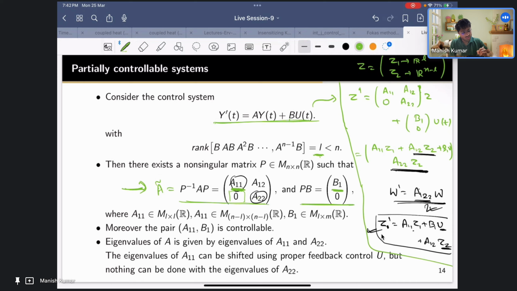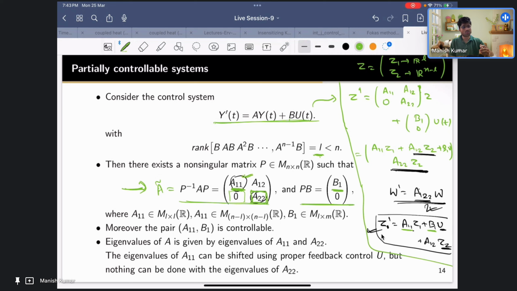So now you can use the earlier theory that since A11, B1 is controllable, you can find U in the feedback form so that everything goes well. You cannot do anything with the second component Z2, but you can do something for this part.